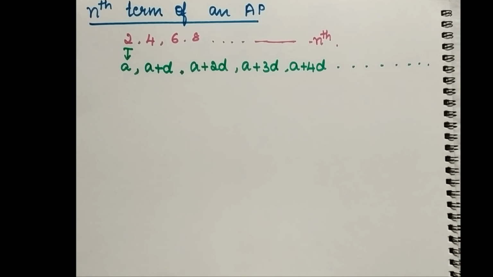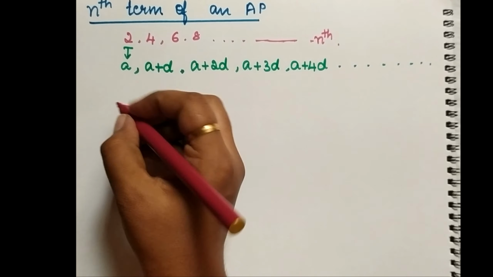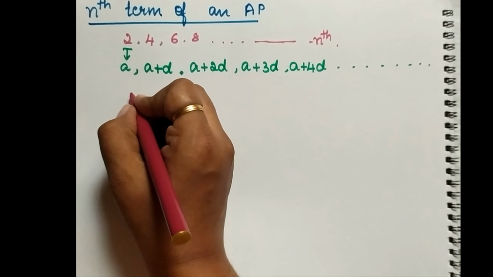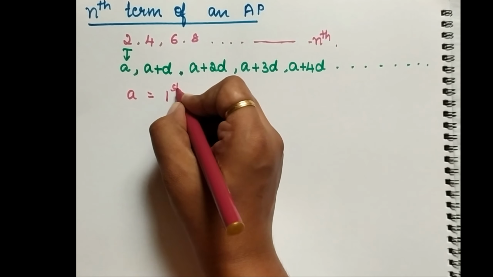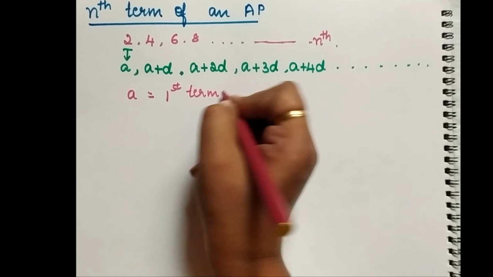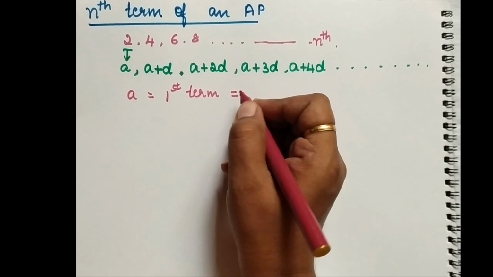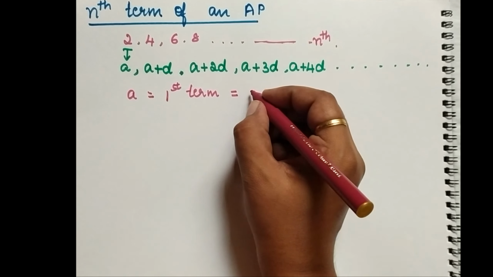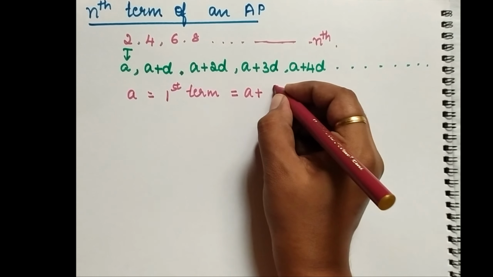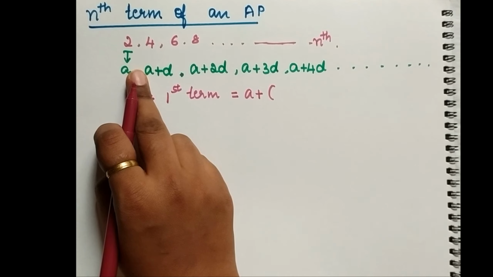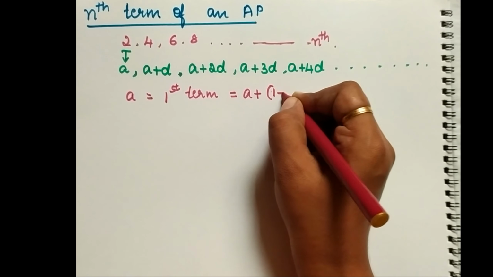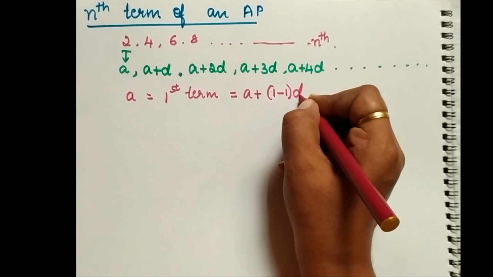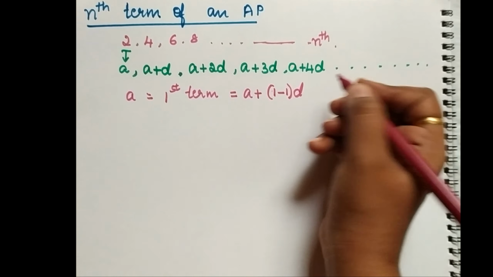Now this is written in a pattern. A is equal to the first term. This can be written as A plus, I don't have any D term here, so the D term should be 0. How can I make it 0? 1 minus 1 into D. 1 minus 1 is 0, into D is 0.